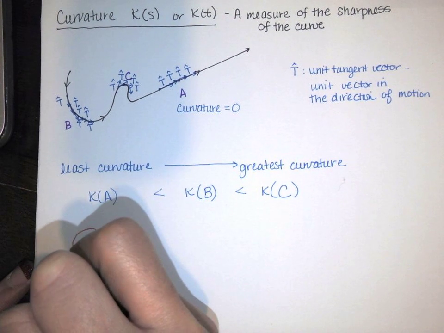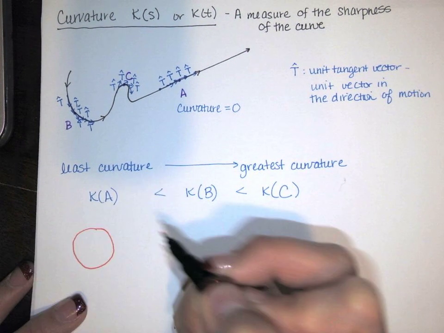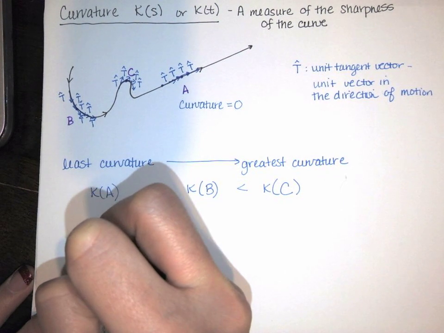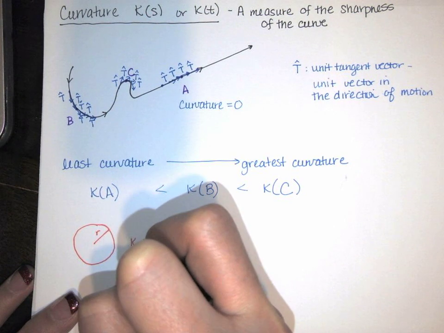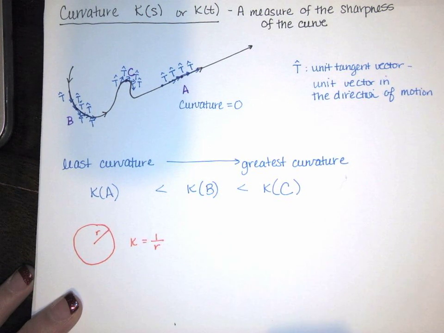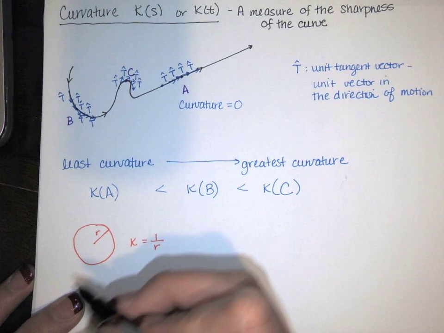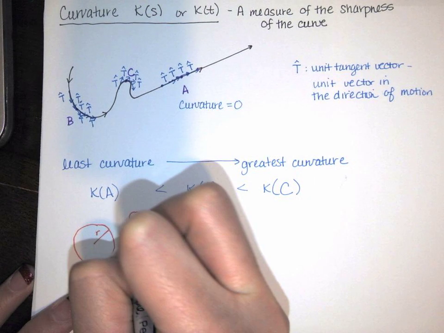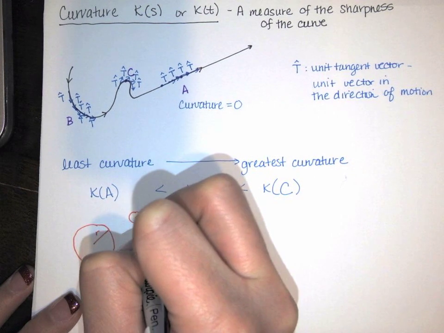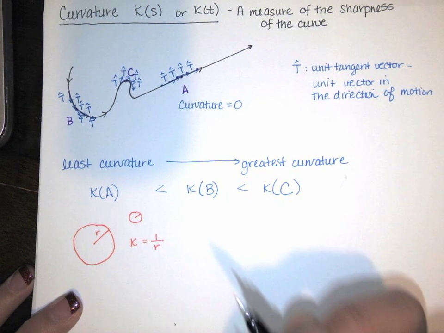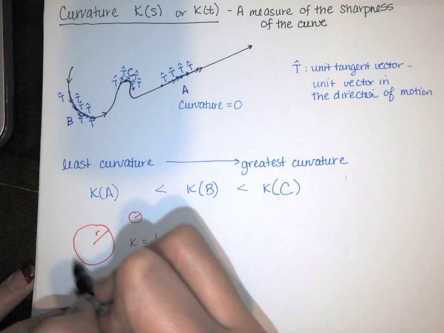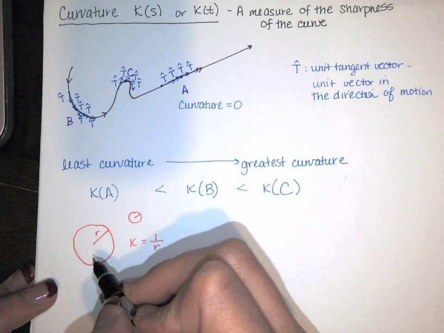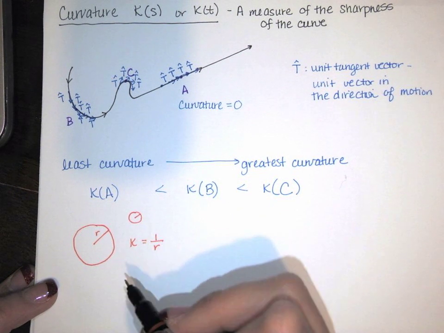If we've got a circle, I'm trying to draw a perfect circle, and its radius is r, the curvature of that circle is defined to be 1 over r. So if my circle is very small, that r is very small, the curvature is going to be very large. If my circle is larger, the curvature is smaller.